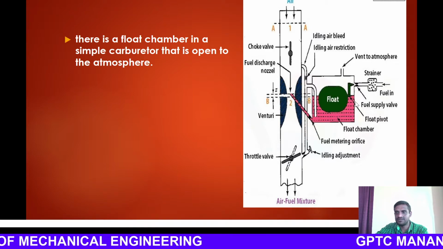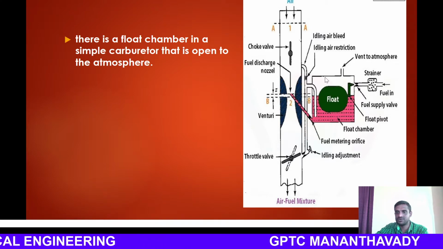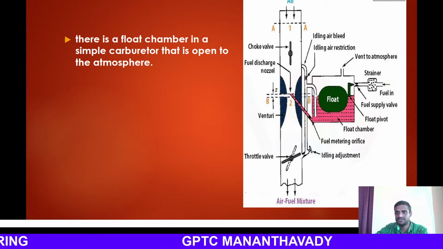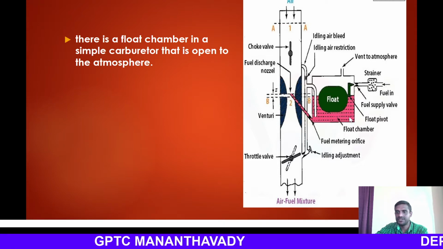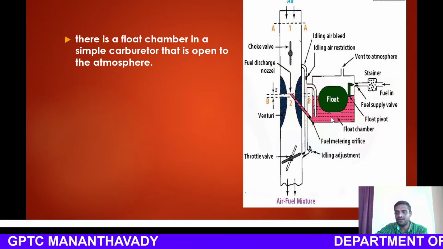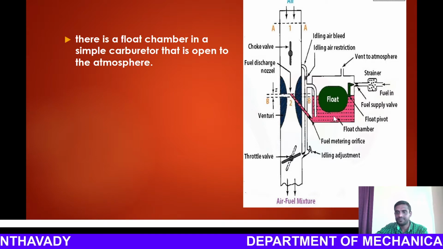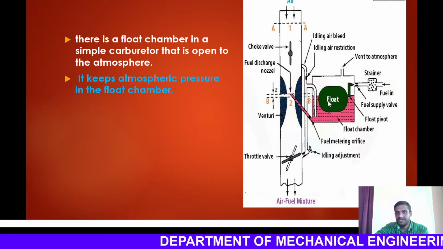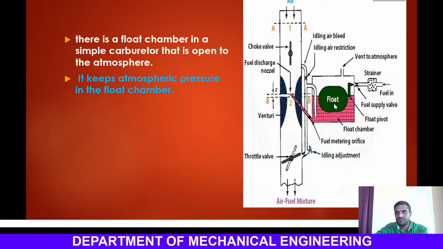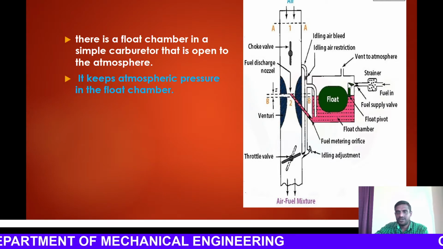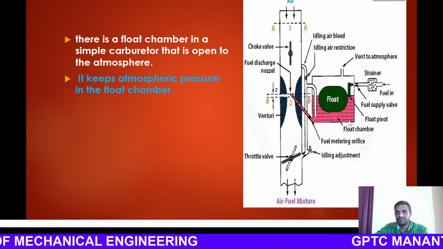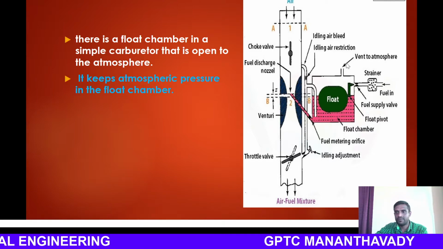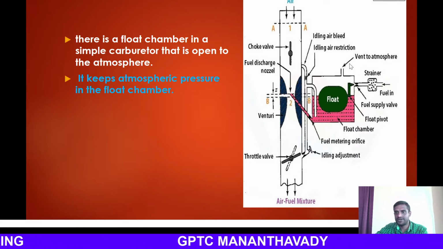Please notice this mouse pointer. Here you can see this one is the float chamber. Inside it there is the fuel, and this green colored one is the float. You should note that the float chamber remains open to the atmosphere. A vent is provided to the atmosphere.